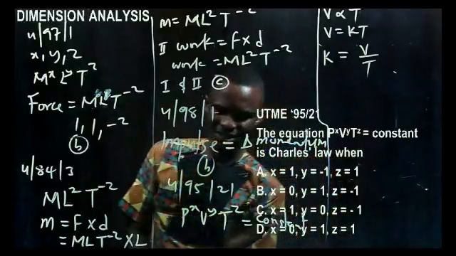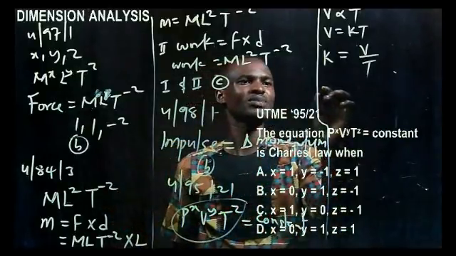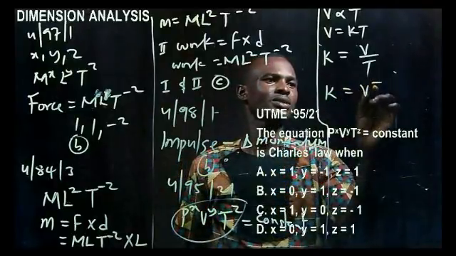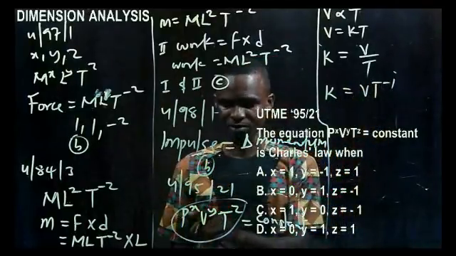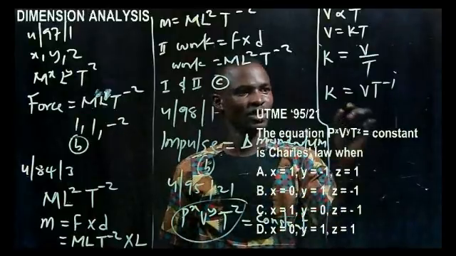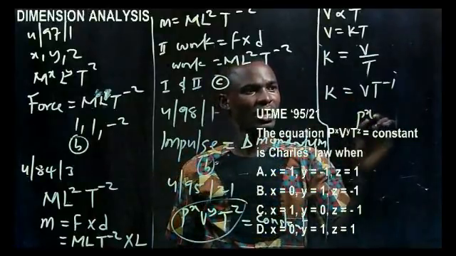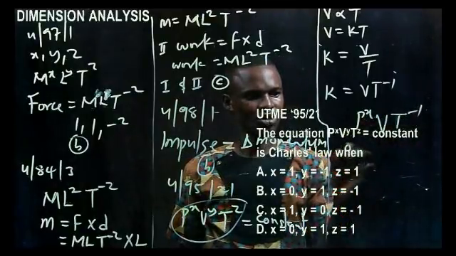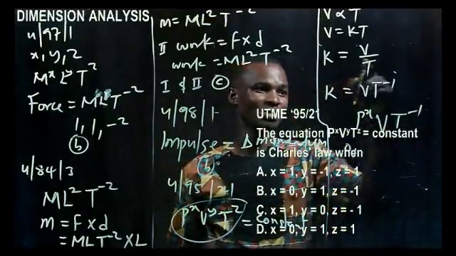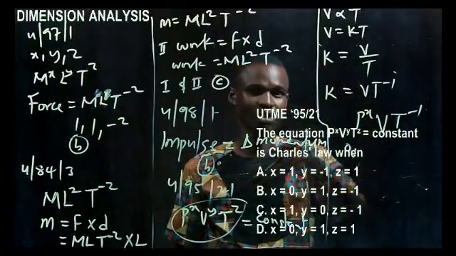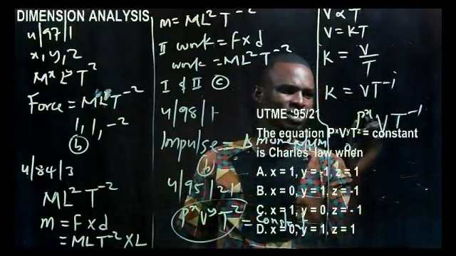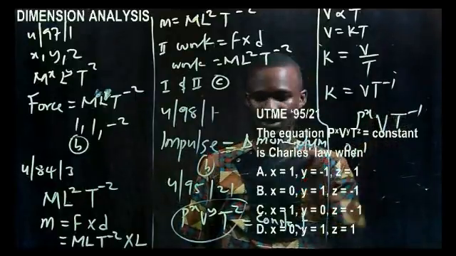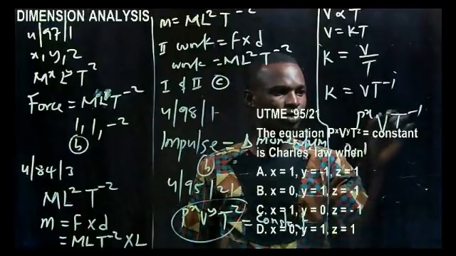Now you are given this expression, so you can have K equals V per T. If I introduce P to my expression, P raised to power x, V per T, this x here should be 0 because we don't have a parameter for P in Charles' law. It's in Boyle's law we have that. So your x is 0, your y is 1, V is raised to power 1.